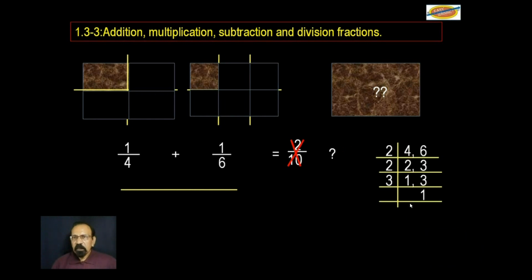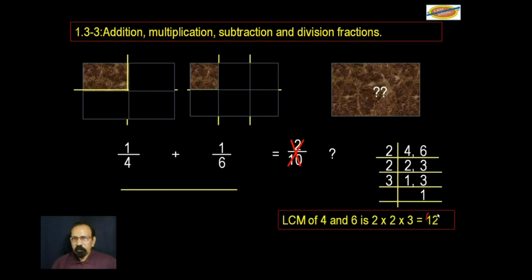And we get 12. We take that 12 and put it down here. And now we say 4 into 12, and whatever answer we get, we will then multiply the numerator. So 4 into 12 would be 3. 3 ones would give us 3.